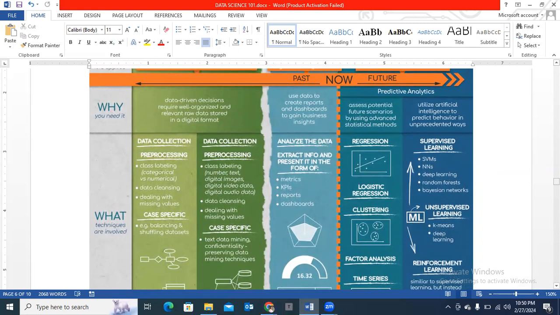You check a relationship, you try to see if there is a relationship between one or two factors. You do clustering analysis, like factor analysis, time series analysis. While in machine learning, you do supervised learning, which involves deep learning, random forest, and neural networks. Those are the methods you use in machine learning.